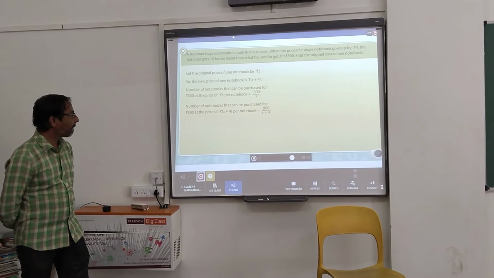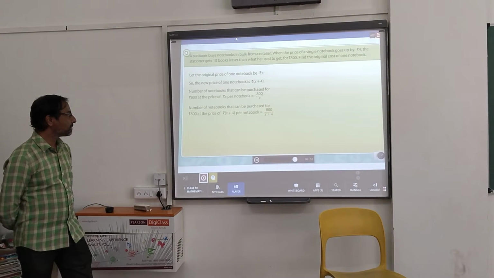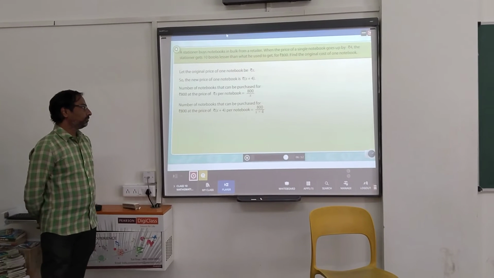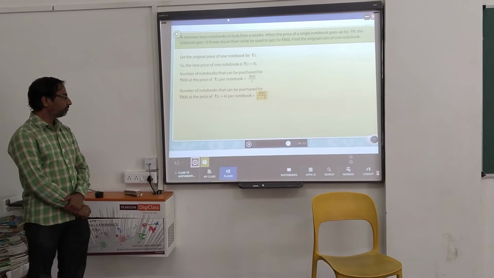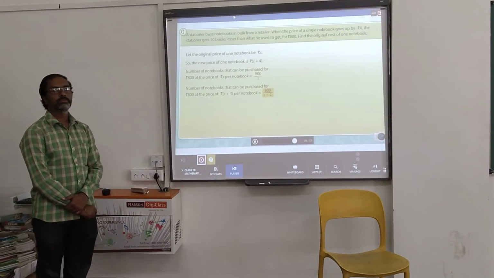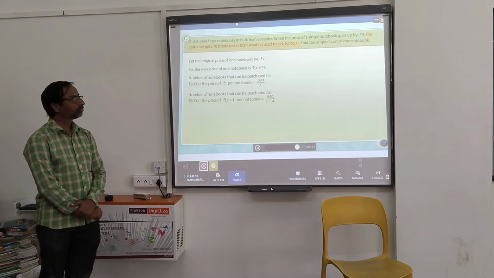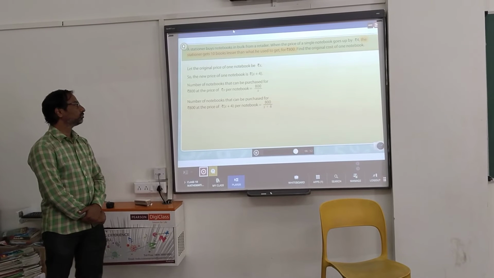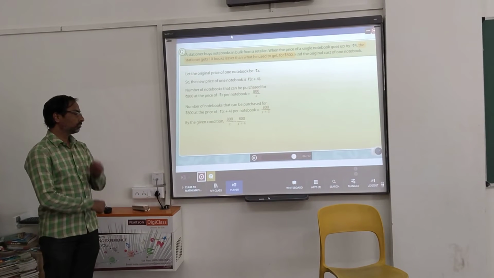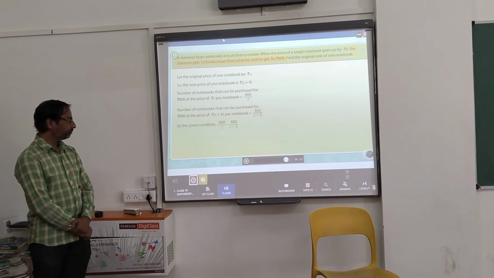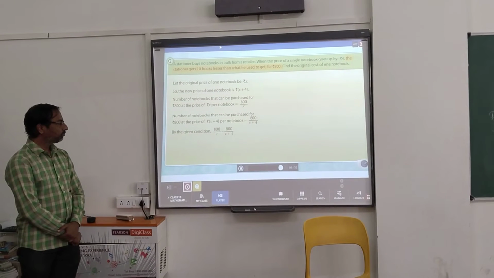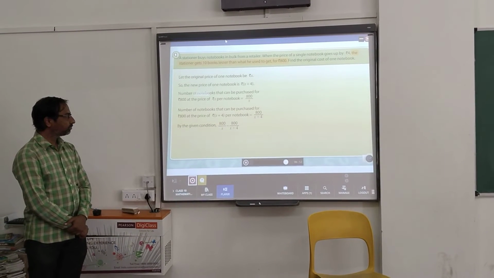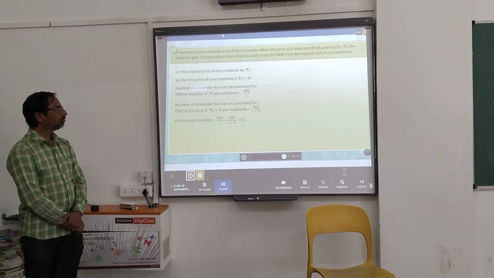Similarly, the number of notebooks that can be purchased for 800 rupees at the new price will be given by 800 divided by x plus 4. We are given that the stationer gets 10 books less for 800 rupees at the new price. So, we can say that the difference between the number of books that can be purchased for 800 rupees at the old and new rates is 10.